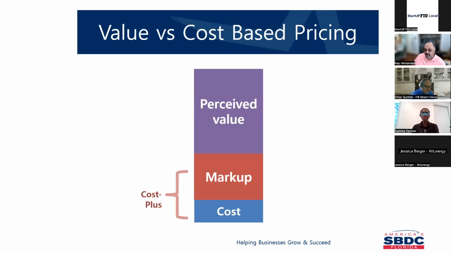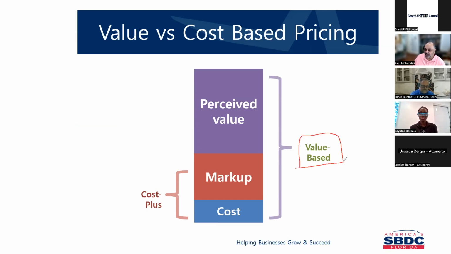This is your cost plus. This is your value plus, perceived value. You want to be able to use your pricing at this. This is where you want to be, pricing your product or services. Why? Because this piece, I'm able to charge more for it. Now, how do you do that?